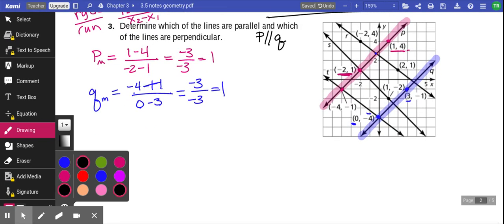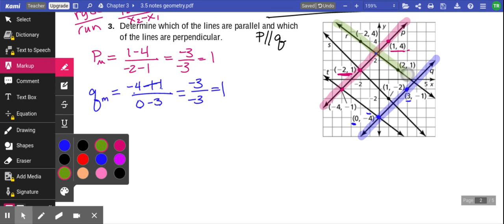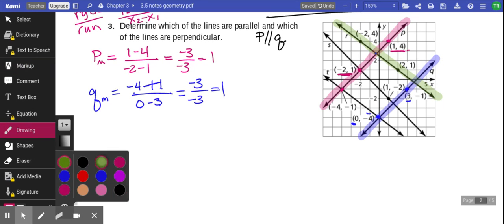All right. Then let's go on. Let's do another line. We'll use this green color. So P and Q, and we're looking at R now. So I'm going to pick this point here, and this point here.